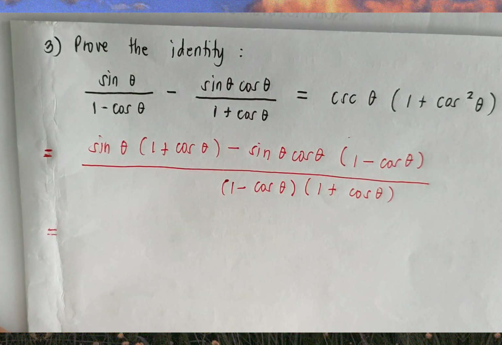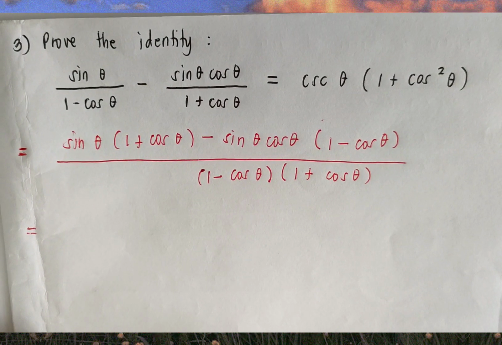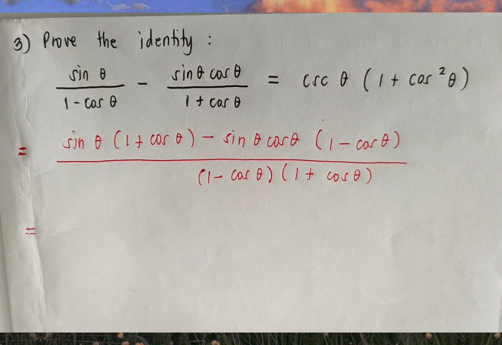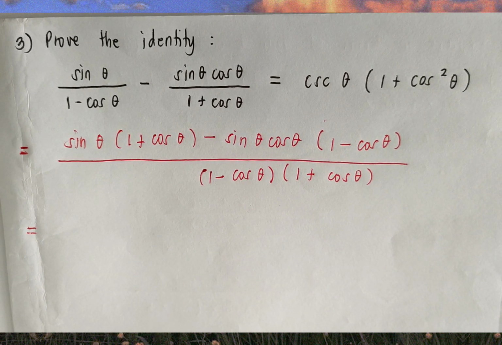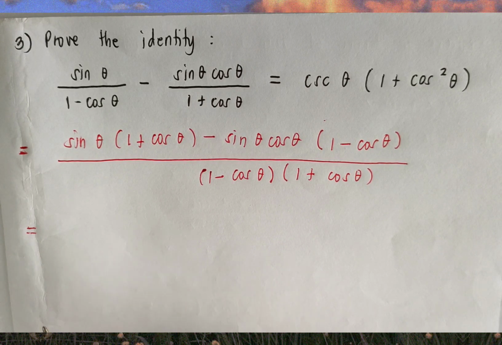In order for you to solve this one, again, I am reminding you to please memorize and be familiar with our fundamental trigonometric identities. And of course, you will need your algebraic skills in solving.